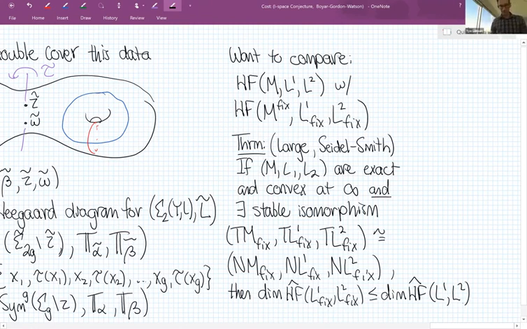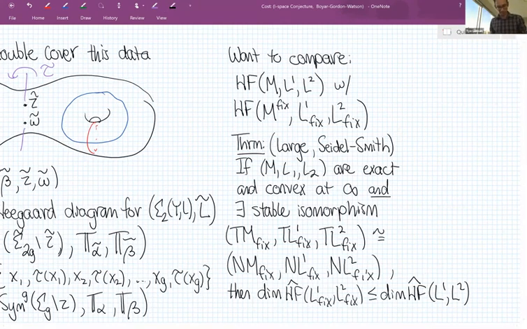And that's basically what we're interested in: some relationship between the Floer homology of the branch double cover and the Floer homology of the original three-manifold. All we need to know is that there exists a stable isomorphism.